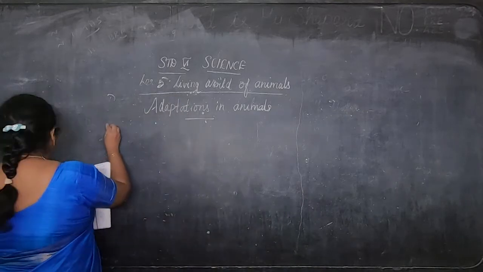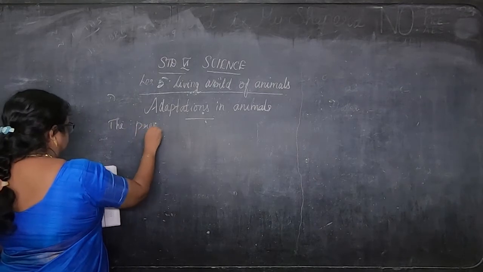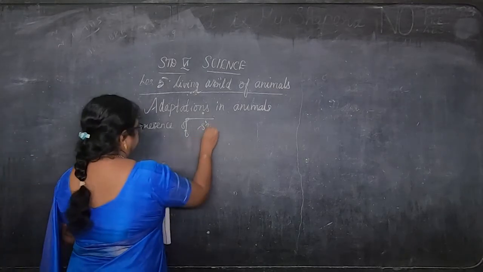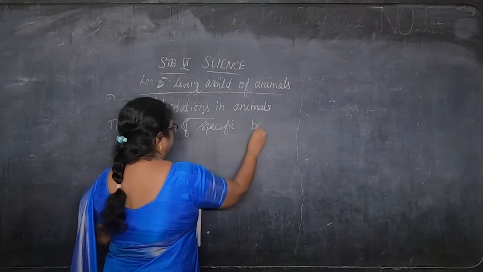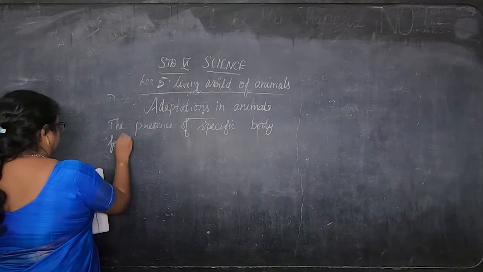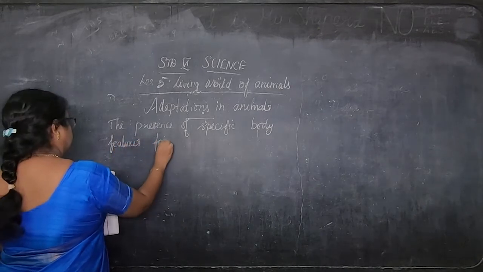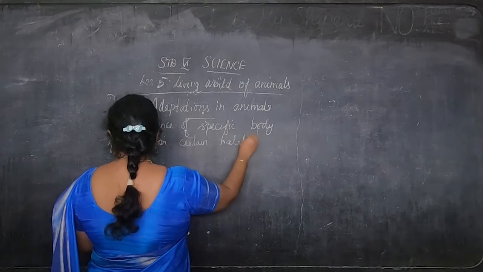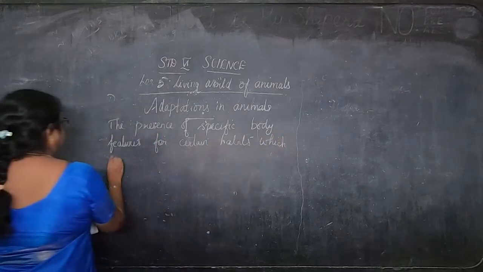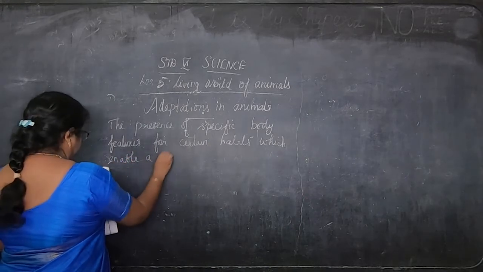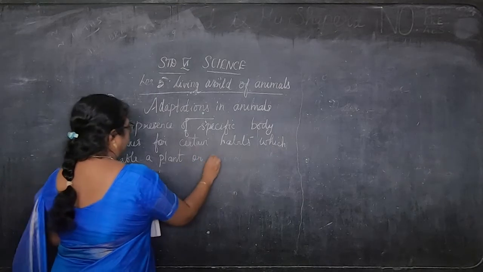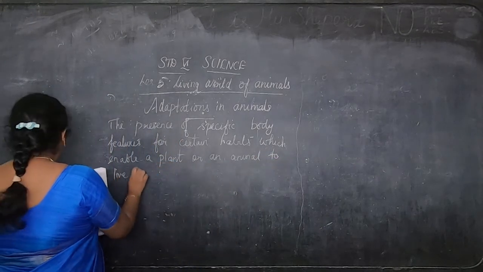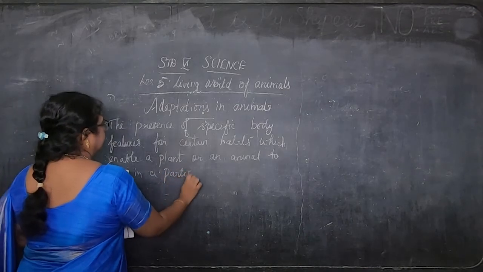So, what is adaptation, children? The presence of specific body features for certain habitats which enable a plant or an animal to live in a particular habitat.